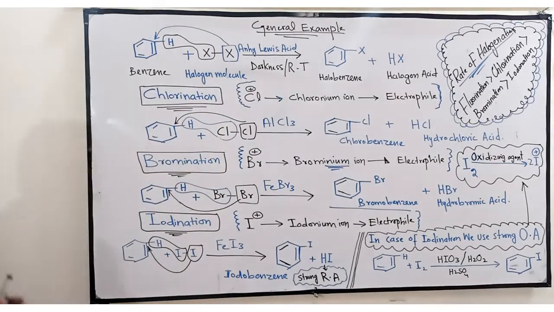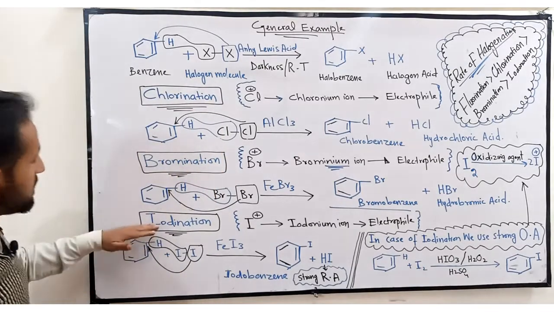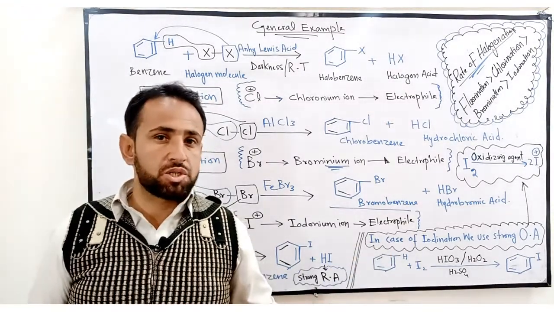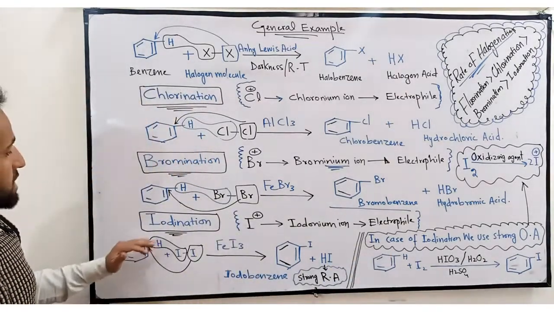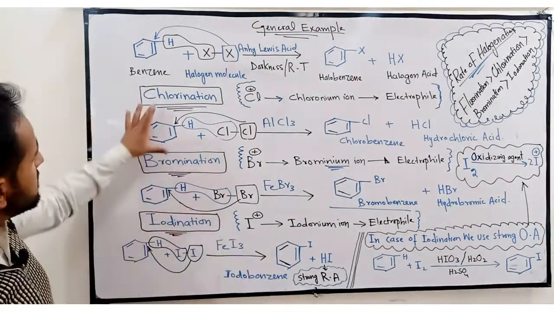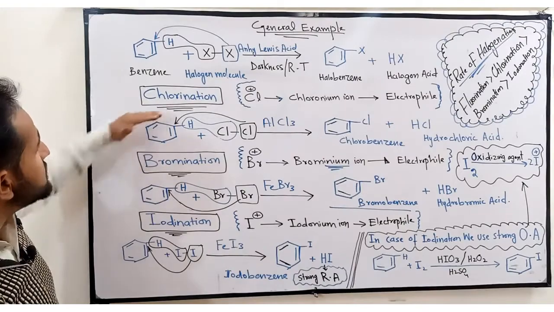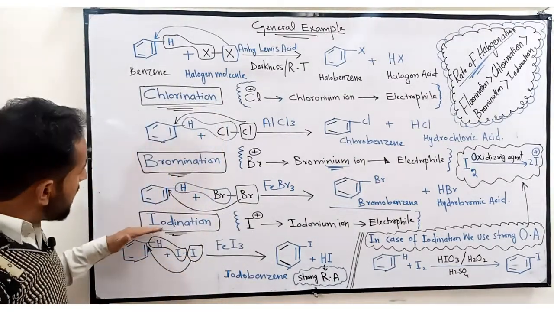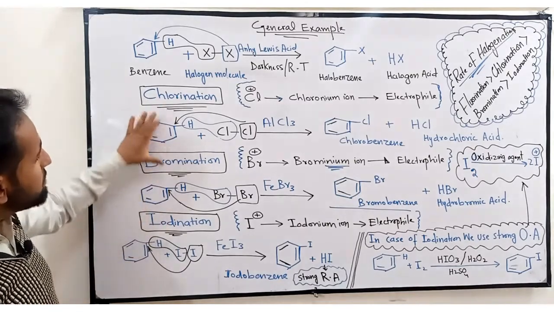Understand this one? This is very easy. Now, if I use iodine as a halogenating agent, the process is known as iodination, which is different from the rest, bromination and chlorination. Understand this one? The process of iodination is different from these two.